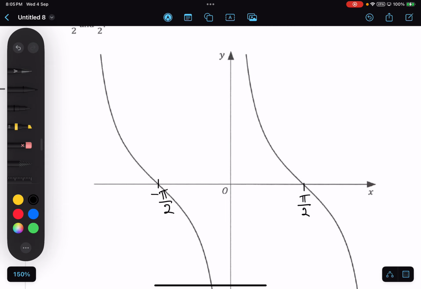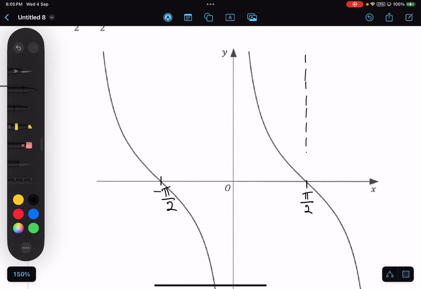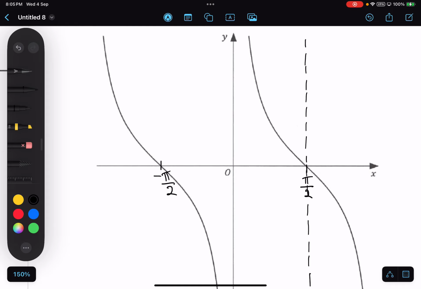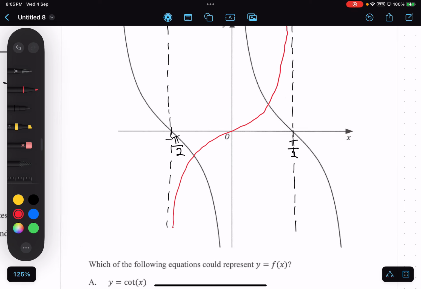So if you know about cot x, you know that at pi on 2 and negative pi on 2, they're going to be asymptotes. If I can just draw those asymptotes. Yep. And then another asymptote there. And then it will look like this. Yep, so at these asymptotes, the output, y, is going to be infinity.